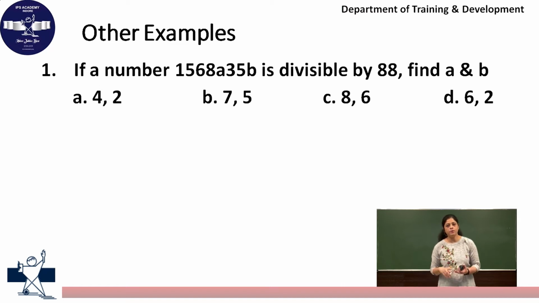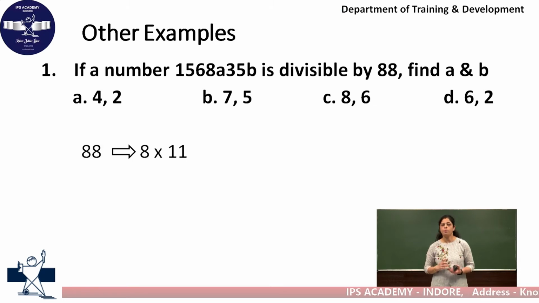Now which factors does 88 have? 11 into 8 is 88, 22 into 4 is 88, right? But 22 and 4 again have a common factor of 2. So we cannot consider that pair. So another pair comes into the picture as 11 and 8. So we are going to perform the divisibility rule of 8 and the divisibility rule of 11. Clear? How do we divide the divisor into factors?